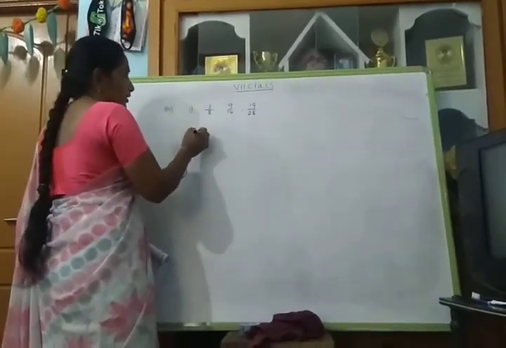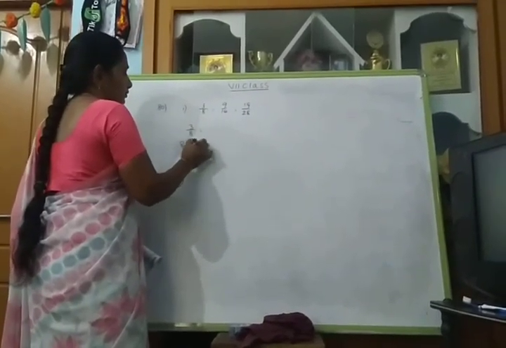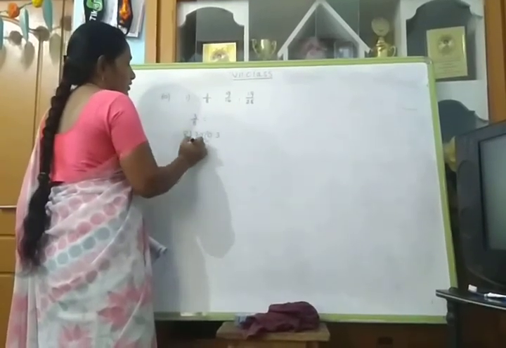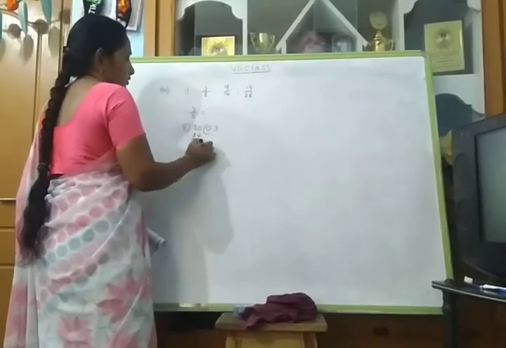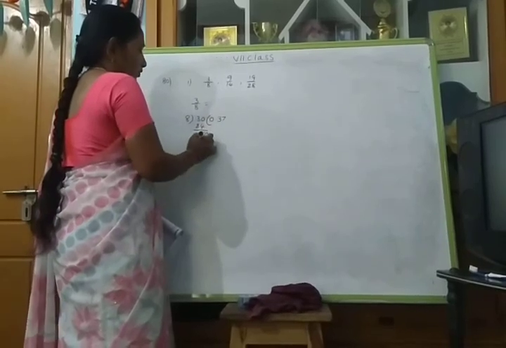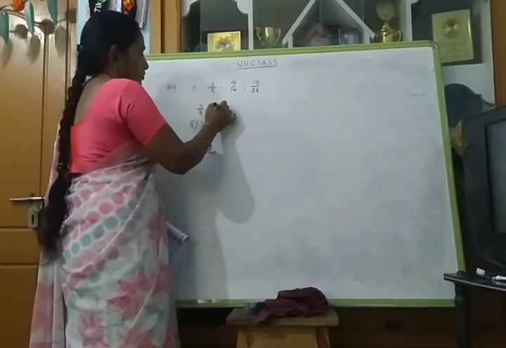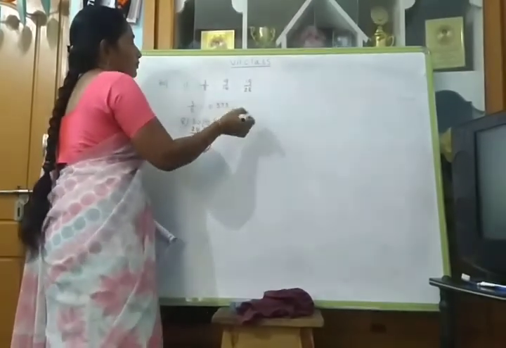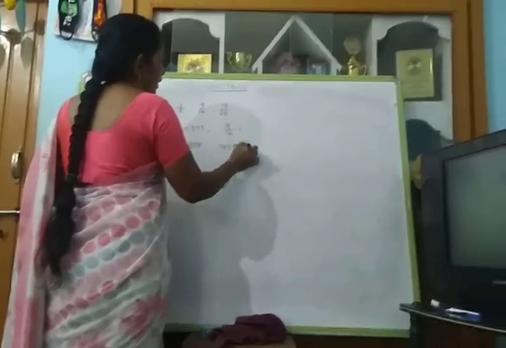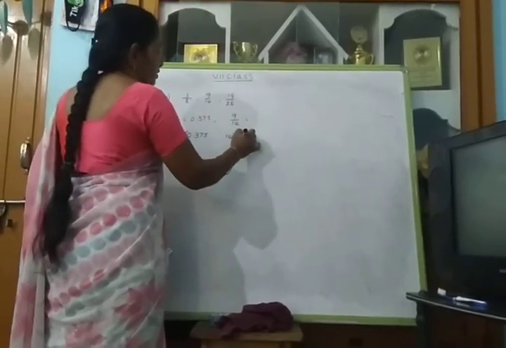See, 3 by 8 converted into decimal, what will you get, Nana? 8 3s are 24, 8 7s are 56, 8 5s are 40. So 0.375.